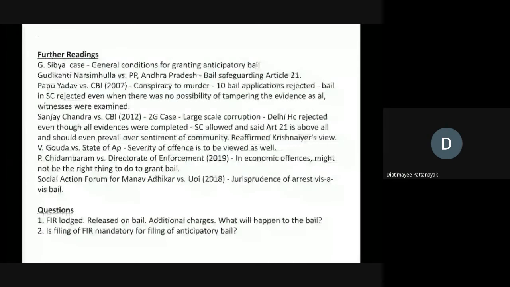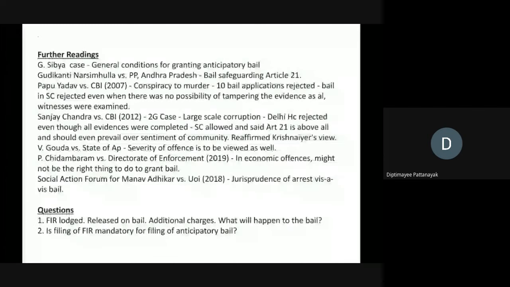In contradiction to that, Sanjay Chandra versus CBI, 2012, the 2G case, a large-scale corruption case, in which the Delhi High Court had rejected bail even though all the investigation was completed. The Supreme Court went ahead and allowed bail and said that Article 21 is above all and should even prevail over the sentiment of the community at large.